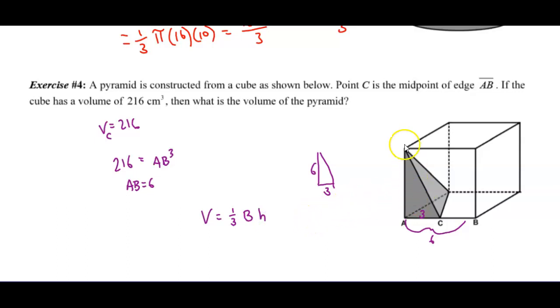Well, the height of the pyramid is also 6, so I'll put that where the height goes. To get the area of the base, it's just 1/2 base times height. So that's 1/2 of 18, which is 9, and then 1/3 of that answer. So 1/3 of 9 is 3, times 6 is 18, so I have 18 cubic centimeters.